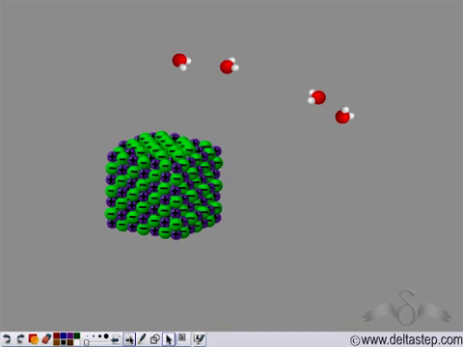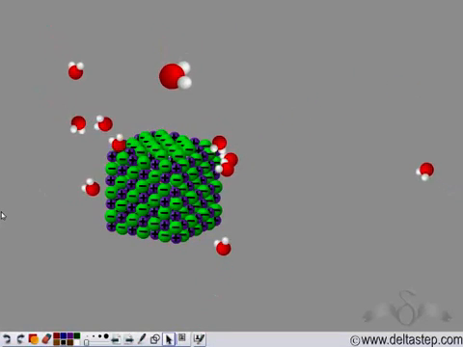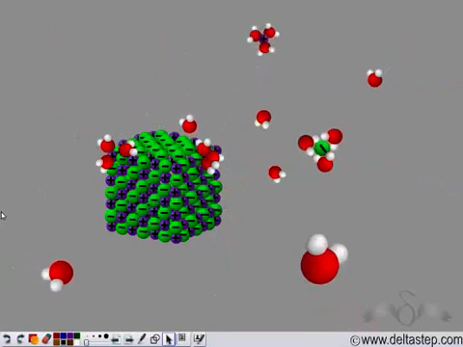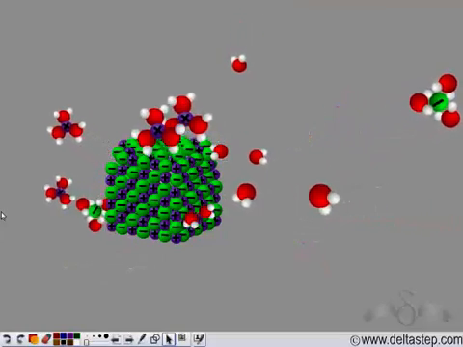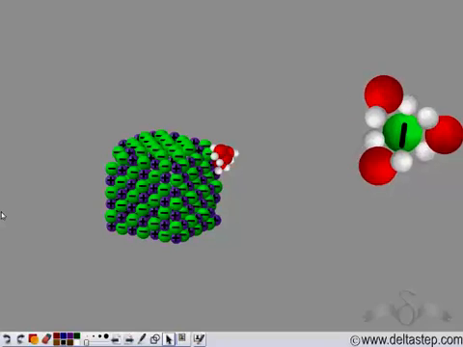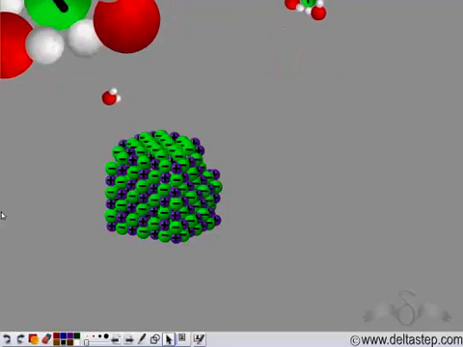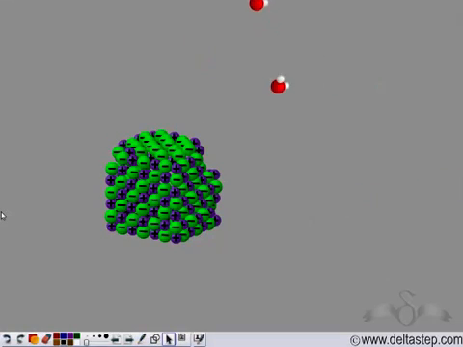Let's see what is happening. So the positive hydrogen atoms take away the chloride ions, and the negative oxygen atoms take away the positive Na+. The process continues and all the ions, the positive ions and the negative ions, separate out.